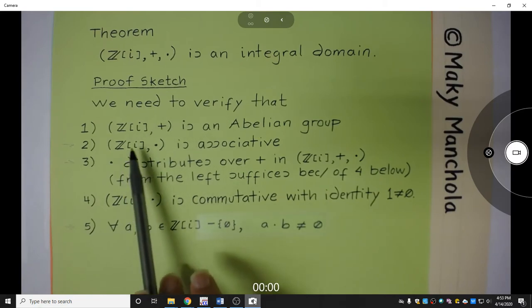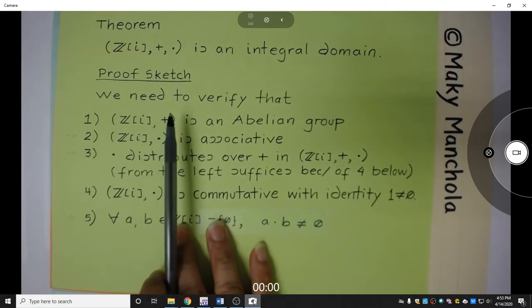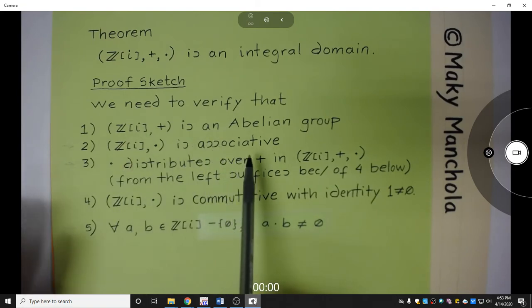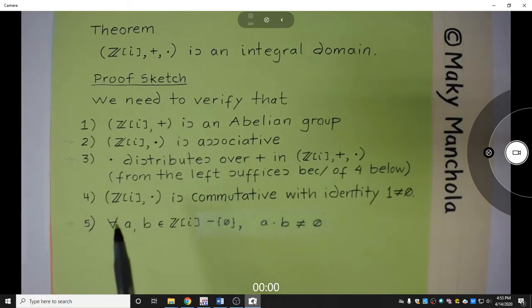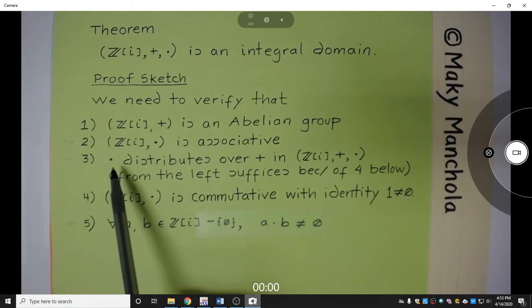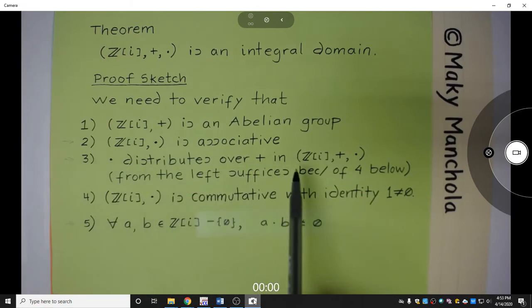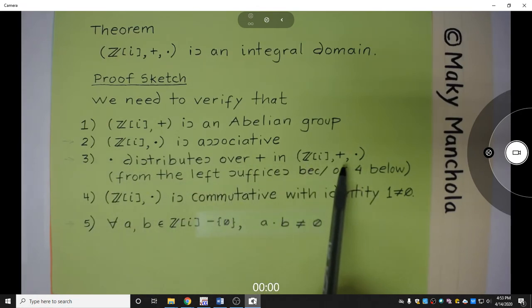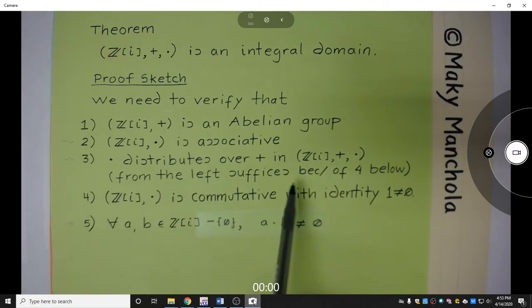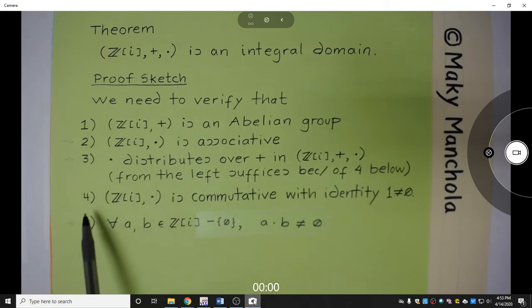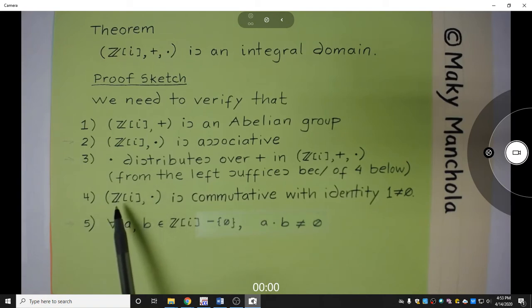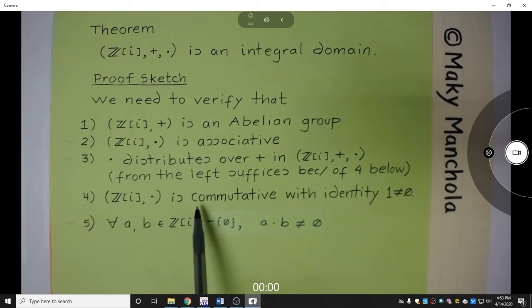Second, the Gaussian integers together with multiplication is associative. Third, multiplication distributes over addition in the structure of Gaussian integers. From the left suffices because of the following step, which is that the Gaussian integers together with multiplication is commutative, with identity 1 different than 0.